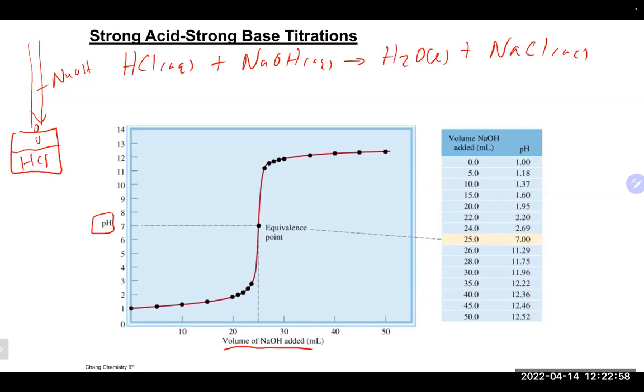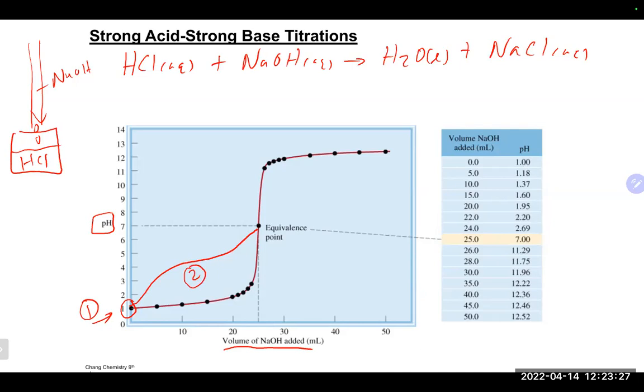And all titration curves pretty much have 4 distinct areas that we look at. The first area is right here, before we start the titration, before we add any sodium hydroxide. The second part on the titration curve is from the very first drop to just before the equivalence point.